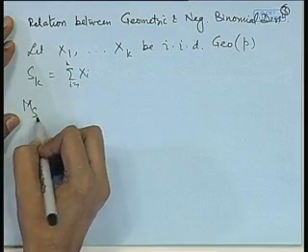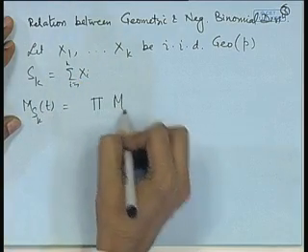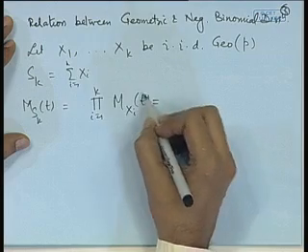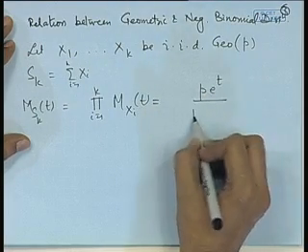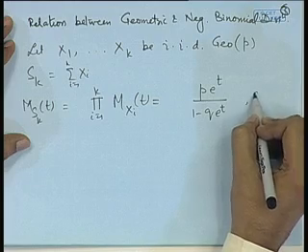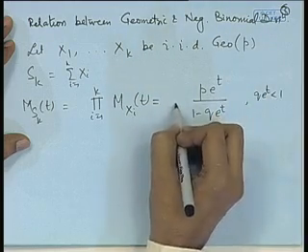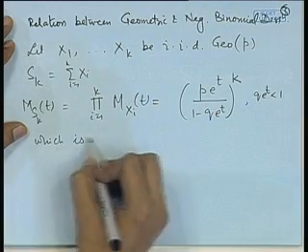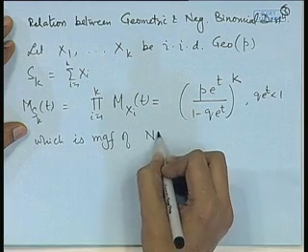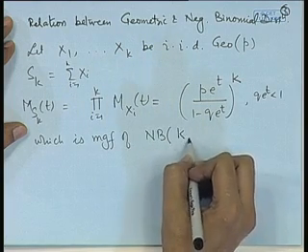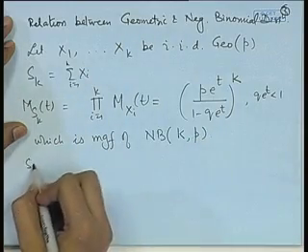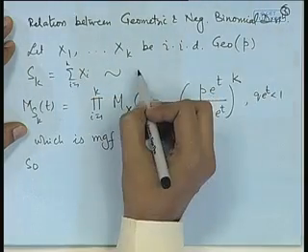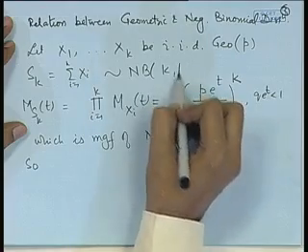Now, if I look at the MGF of Sk, the MGF of a geometric random variable is p e to the power t divided by (1 minus q e to the power t), where q e to the power t is less than 1. Now, when we multiply it k times, this becomes power k, which is the MGF of a negative binomial with parameters k and p. So, this proves that the sum of independent geometric variables with the same probability of success is negative binomial (k, p).